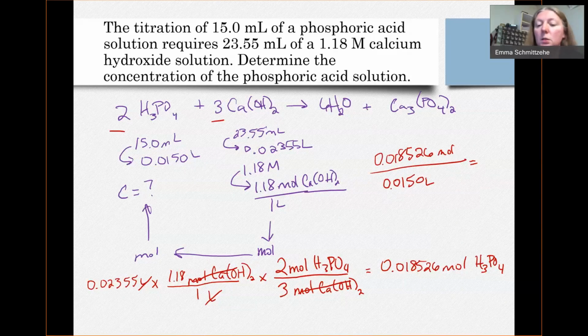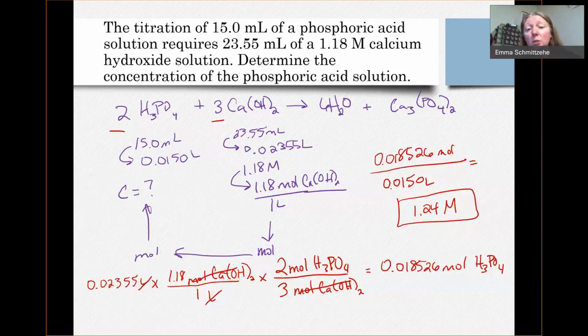So that gives me, let's see, 1.24 molar of phosphoric acid. And that is our answer. Okay, so again, a titration is just a reaction between two solutions. And so when you do calculations from a titration, it's just solution stoichiometry.